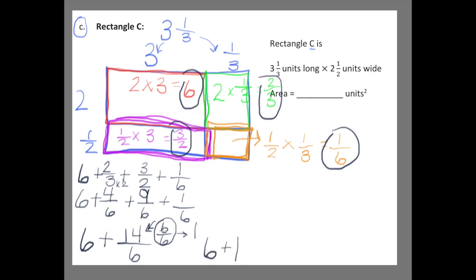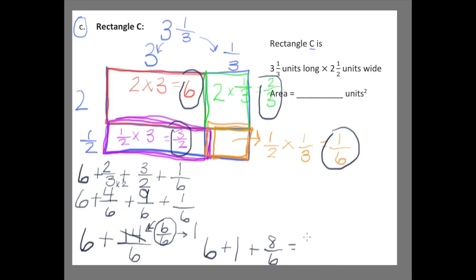We took 6/6 out of 14/6. 14 minus 6. Let's figure out how many 6ths we are going to be left with. 14 minus 6 is 8. So we are going to have 6 plus 1 plus 8/6.